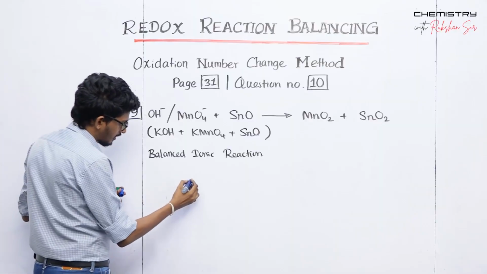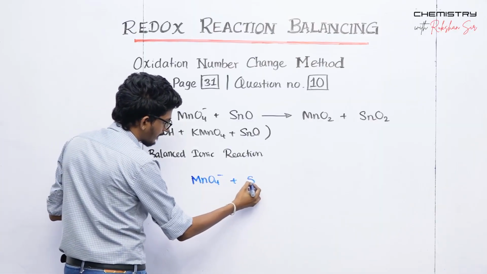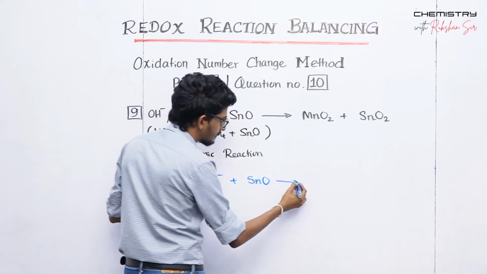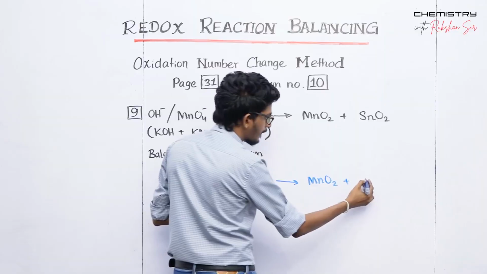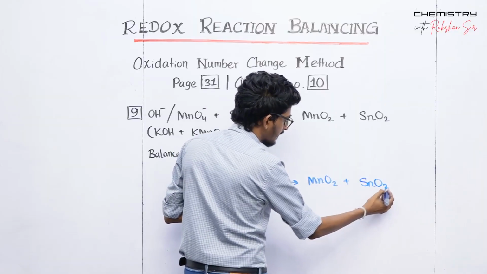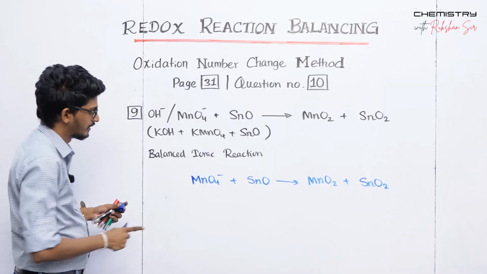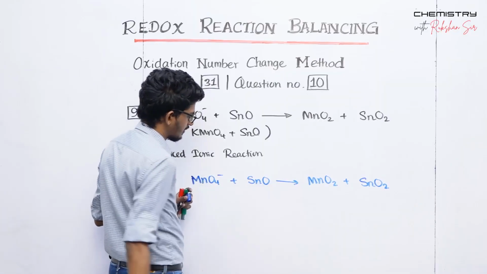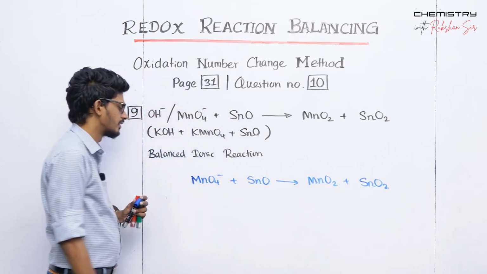You have MnO4 minus, SnO, MnO2 and SnO2, right? Okay, first thing is to balance the redox species. One manganese here, one manganese here, one tin here, one tin here. Things are balanced, right?